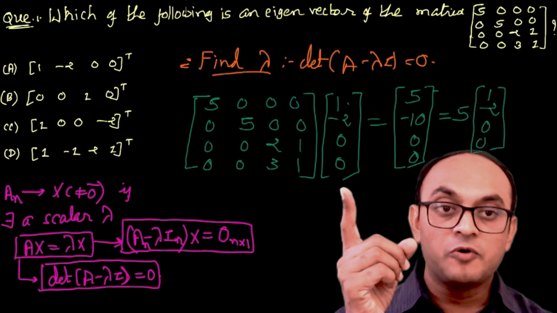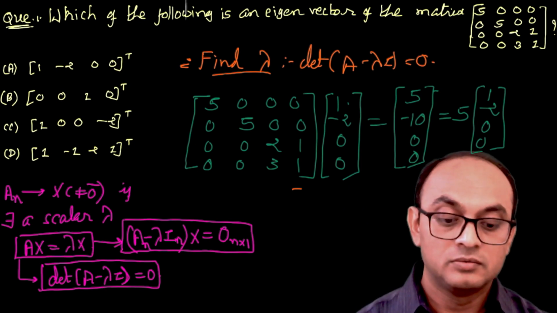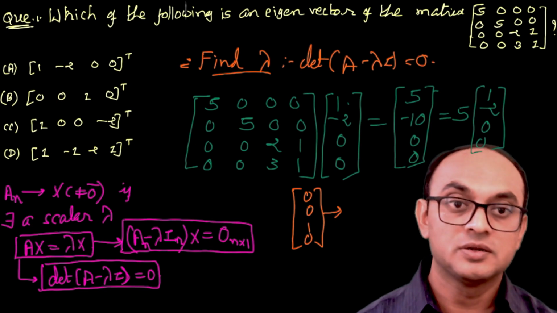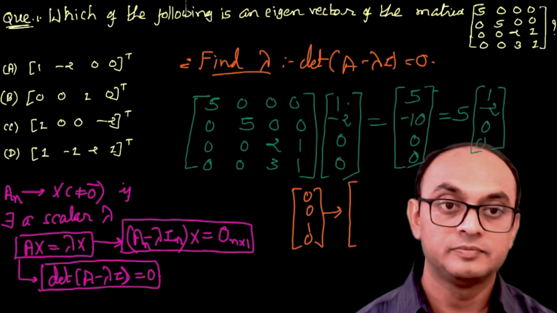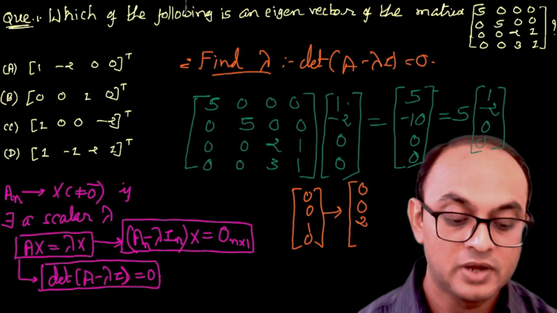Now in place of option A, if you choose option B, (0, 0, 1, 0), then my product will be (0, 0, 2, 3).